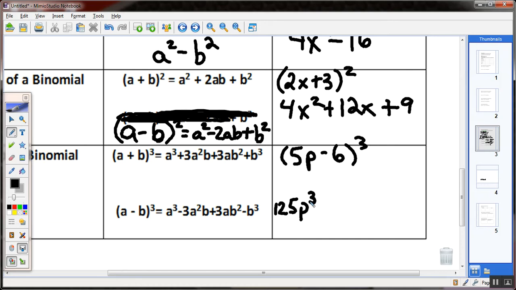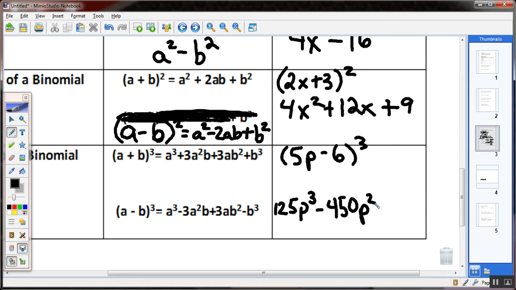What is that? How much? 450. So minus 450p squared, right? Because 5p times 5p was 25p squared. We times the 6. That's 150 times the 3 would be 450.